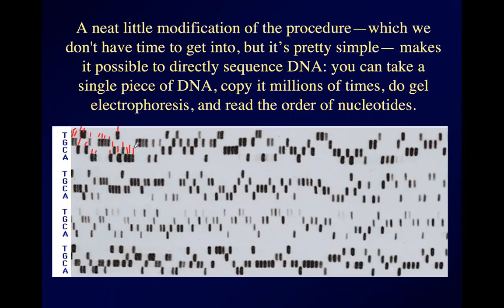And again, each one of these little black squares right there is like a note. In fact, you could sing this. You could represent this DNA as a sequence of musical notes.